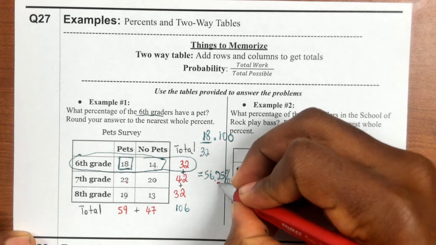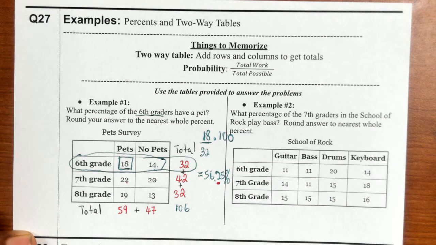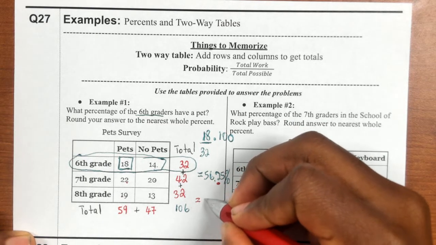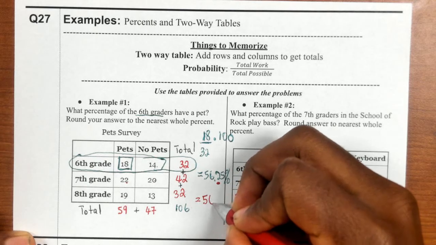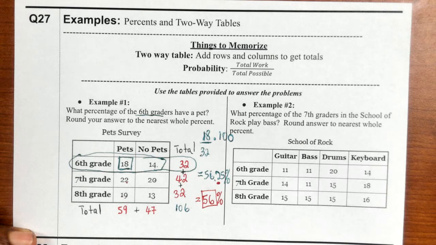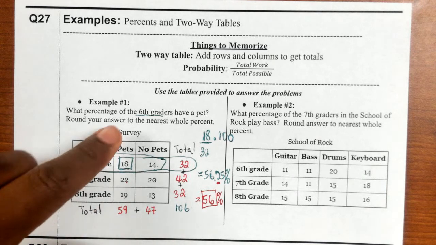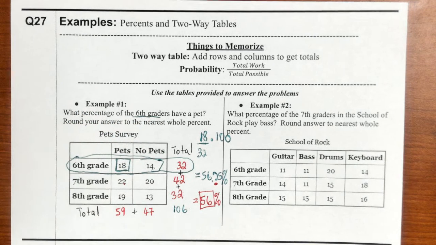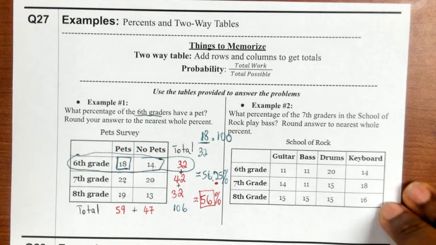You look at the first number after the decimal point. Because it is not 5 or larger, we would not round up. It would stay as just 56. So it would be 56% of sixth graders that have a pet. Let's try the next one.